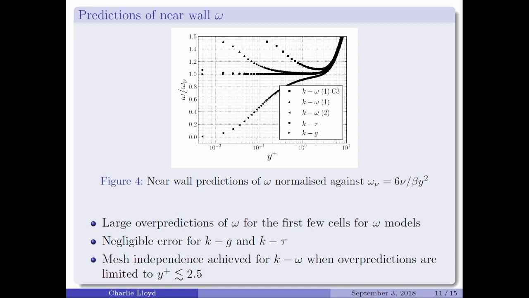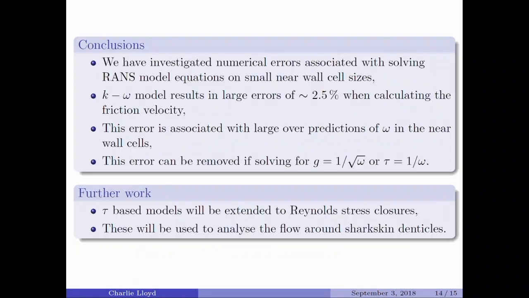I haven't got long left, so I'm just going to nip to the conclusions. If we are to look at problems where the cell size is small, it's really important that we have a model that can give us friction velocity predictions that are not a function of how small the grid size is.